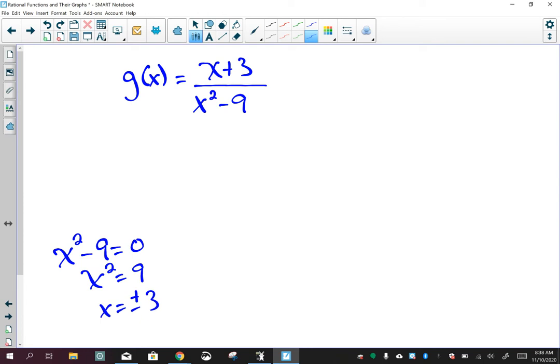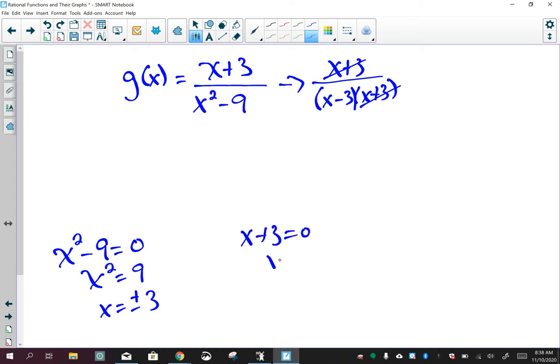If I look at my numerator, ooh, I have an issue here because this is actually a factor. If you stop to think, this x squared minus 9 is actually x minus 3 times x plus 3. And then on top, I have the x plus 3. If you notice here, this and this are going to cancel, so that means my x plus 3 is equal to 0, my x is equal to negative 3.